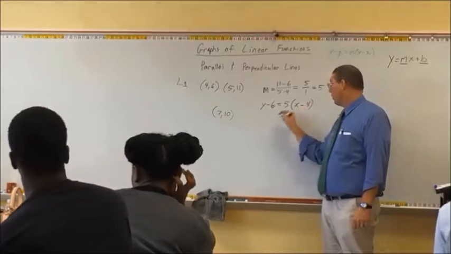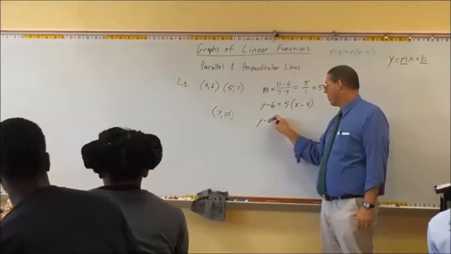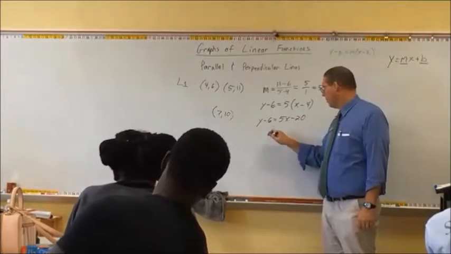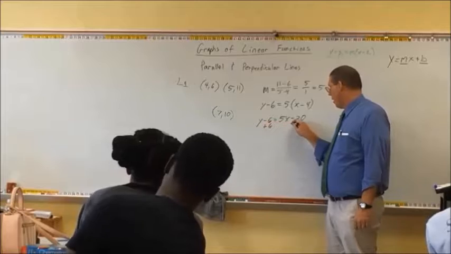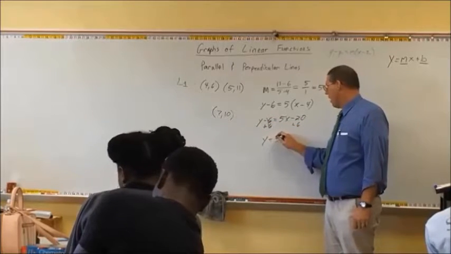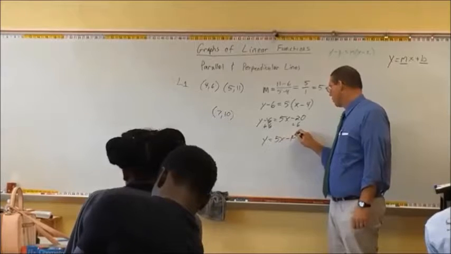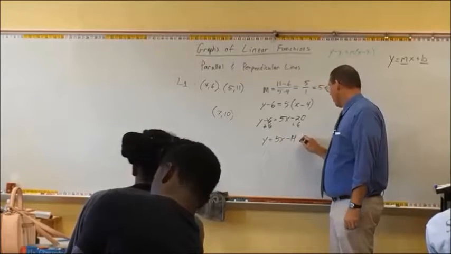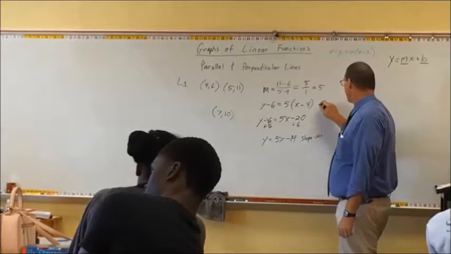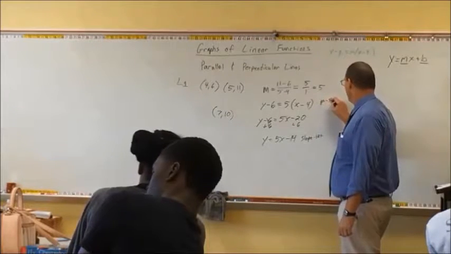Distribute. y minus 6 equals 5x minus 20. Now what? Add 6 to both sides, and I get y equals 5x minus 14. So here's my slope-intercept form, and here's my point-slope form.